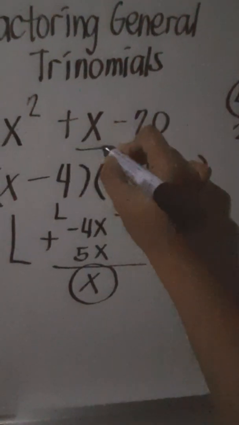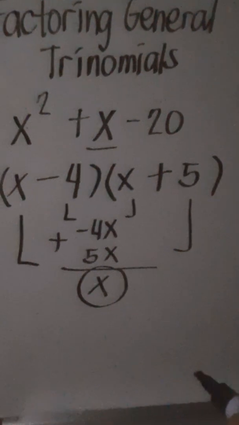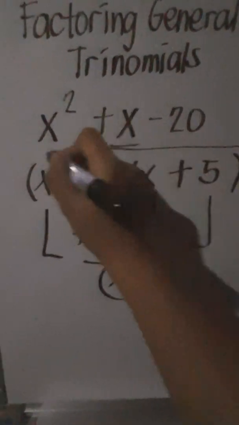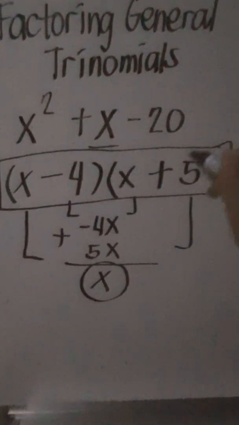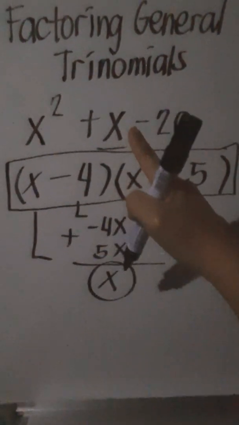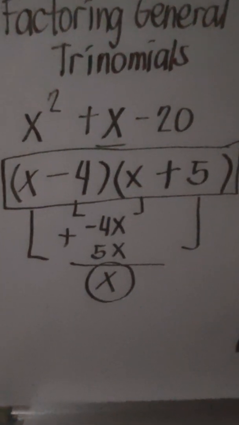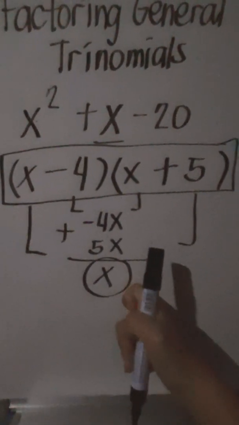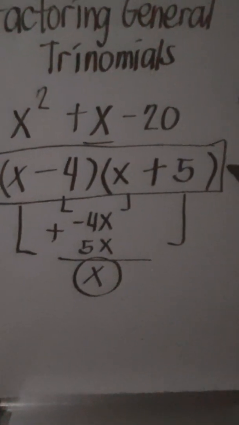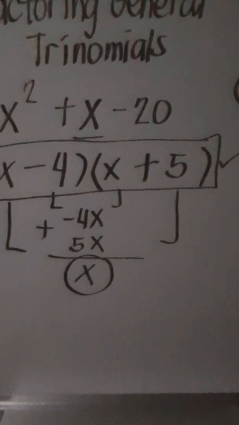So, we got the middle term, which is positive x. So, therefore, kani atong factor dire, correct ni siya. Kung lahi pa atong na-answer dire, wala ta nakakuha sa middle term, wrong ni atong factor. Pero since correct man atong nakuha, the same man sa middle term atong nakuha, therefore, ang pag-factor nato is correct.